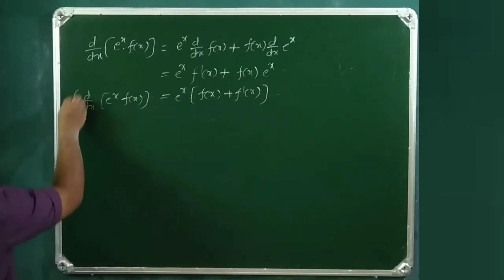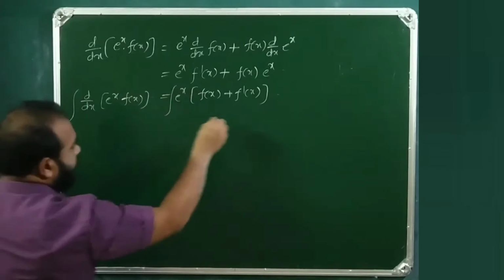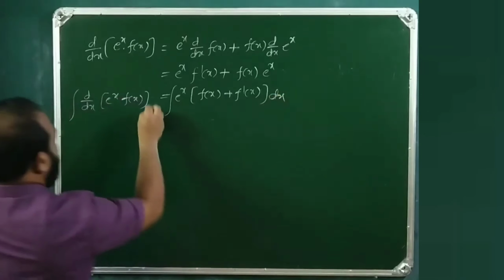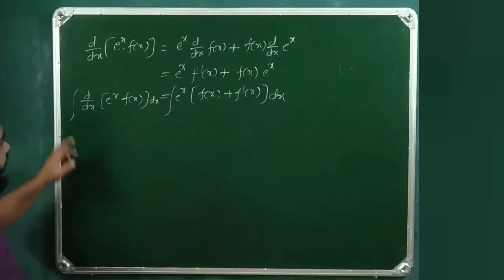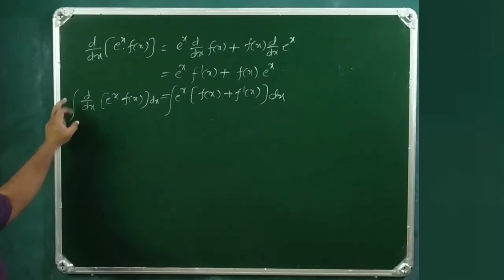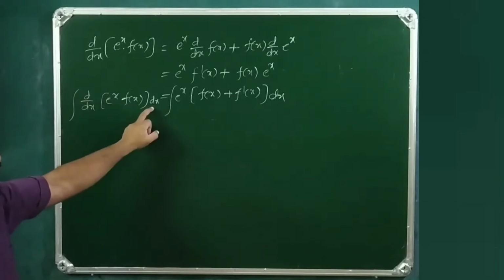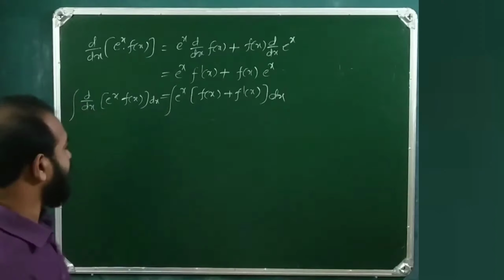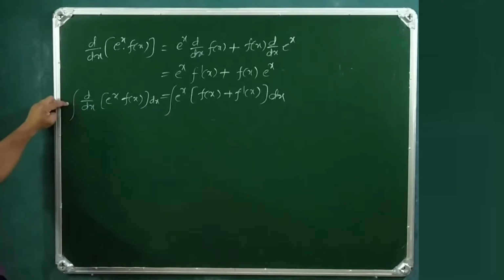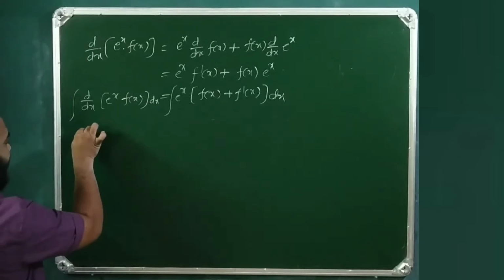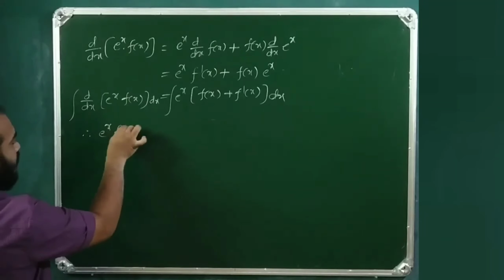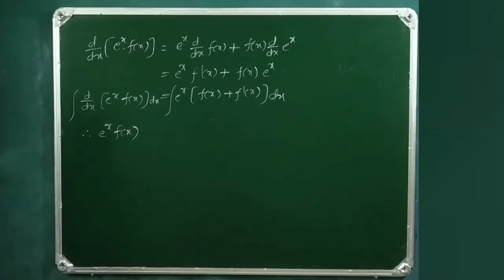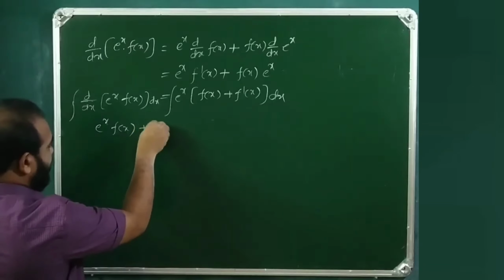So this is equal to d by dx of e power x into f of x. Now integrating on both sides, we will get this. Whenever we are integrating, along with the integral symbol, dx is to be followed. So integral dx, integrating on both sides. Integral and derivative are reversal processes. Therefore, we'll get e power x into f of x plus c.